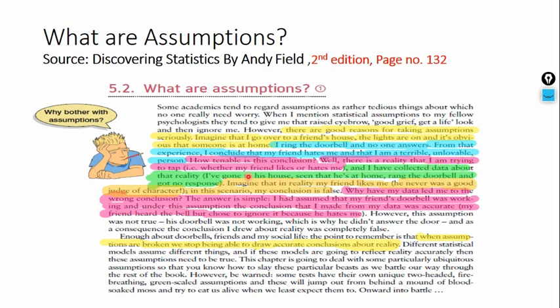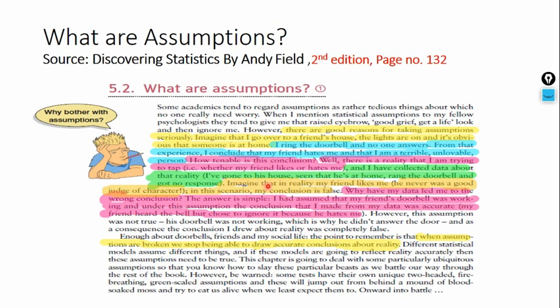From that experience, I conclude that my friend hates me and that I am a terrible, unlovable person. How tenable is the conclusion? Well, there is a reality that I am trying to tap: whether my friend likes or hates me. And I have collected data about the reality.